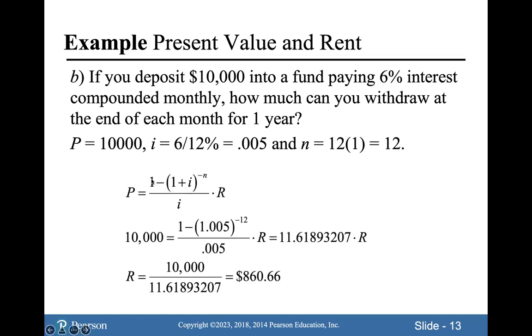So we're given the value of P and we have to find R. That ends up looking like this: 10,000 equals 11.6189... times R. So divide both sides of the equation by 11.61893... and we get that R comes out to $860.66.